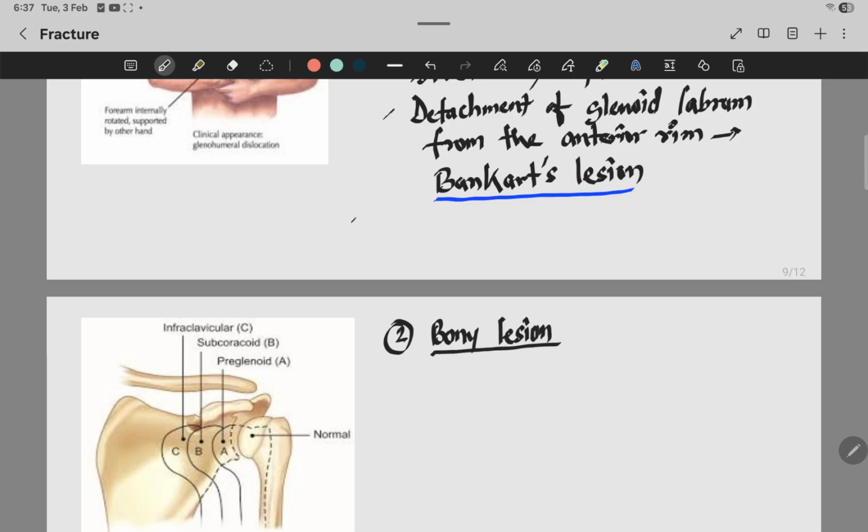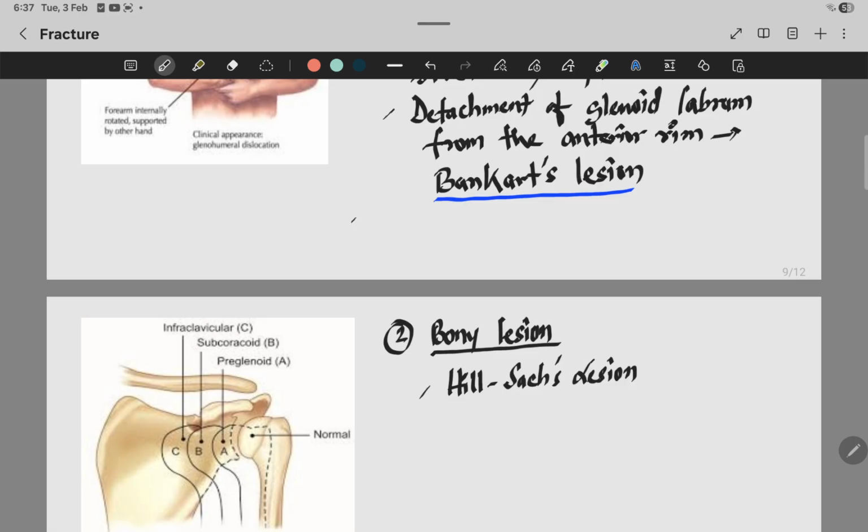In the bony lesion, firstly there is the Hill-Sachs lesion.